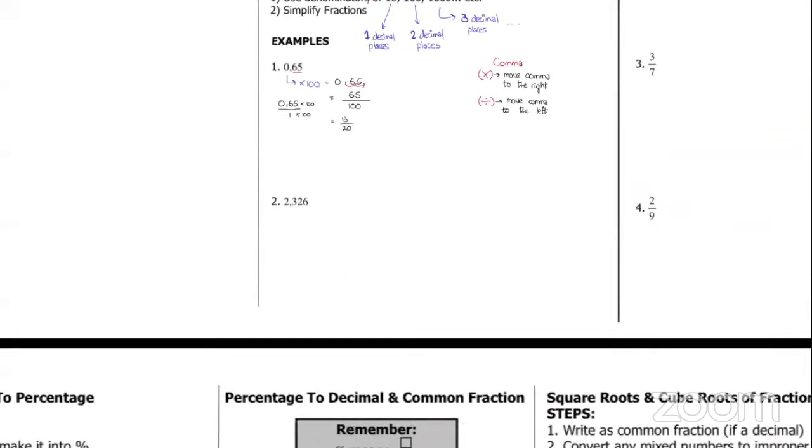Okay, let's look at the next one. Question number 2. This is how many decimal places? 3. So what am I going to multiply by? 1,000. And then divide by 1,000. So it's equal to 2,326. I move the decimal 1, 2, 3 spots. So this is equal to 2,326 divided by what you just multiplied it by.